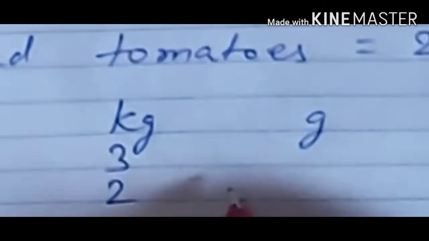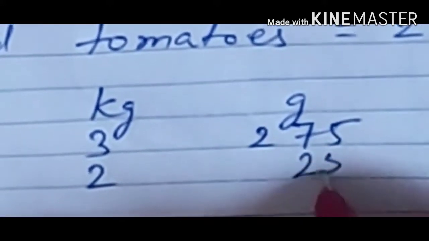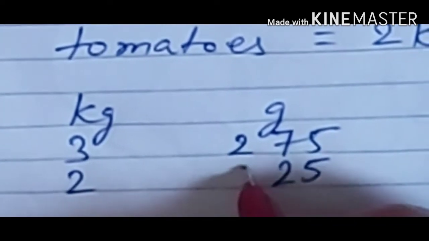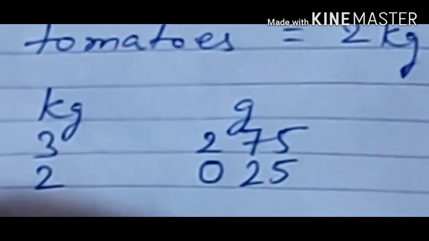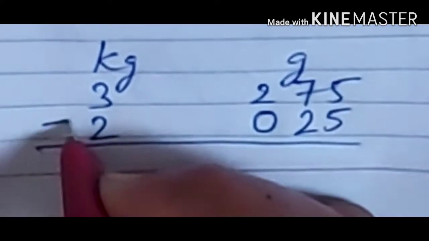We have to write kg in the place of kg and gram in the place of gram. 25 gram, so gram is of 3 digits, so we have to place here 0 and add these.